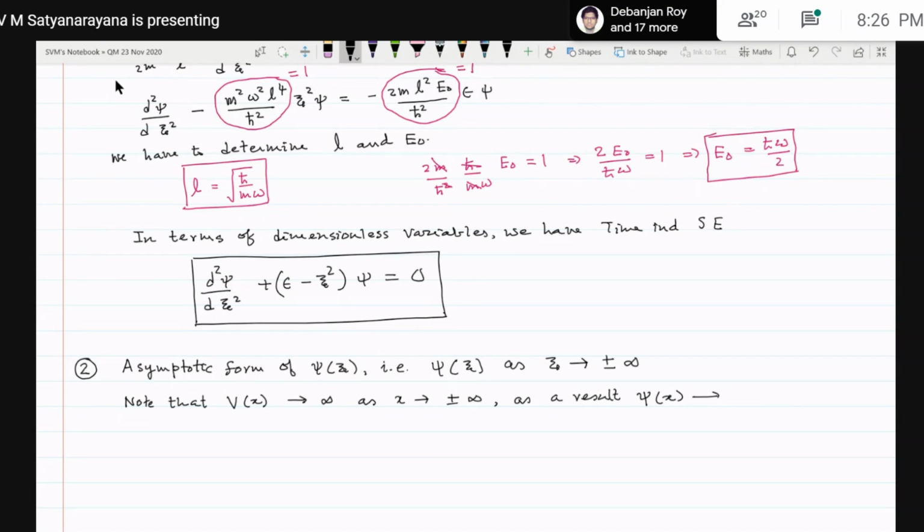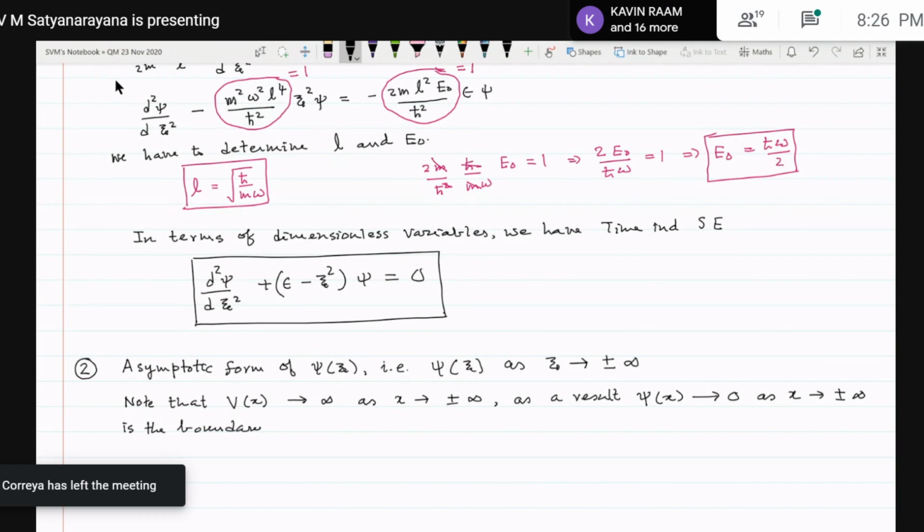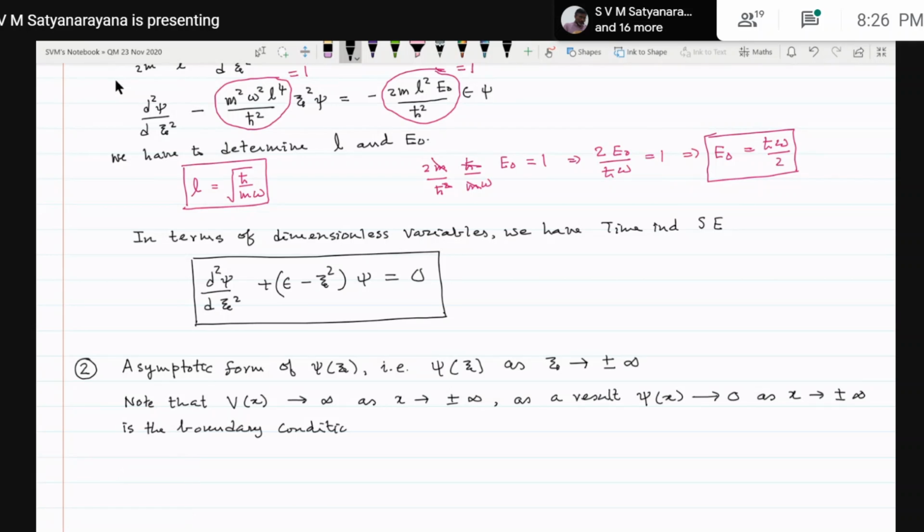Psi of x must go to 0 as x goes to plus or minus infinity, which is the boundary condition on psi of x, and it is also true for psi of xi.